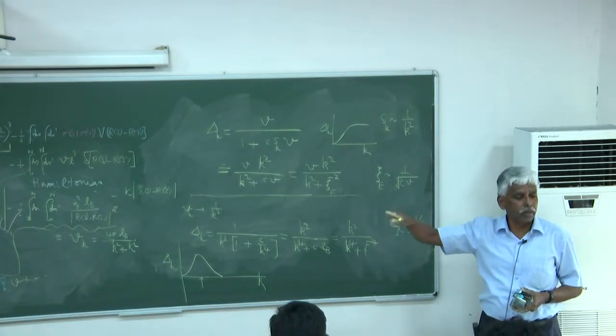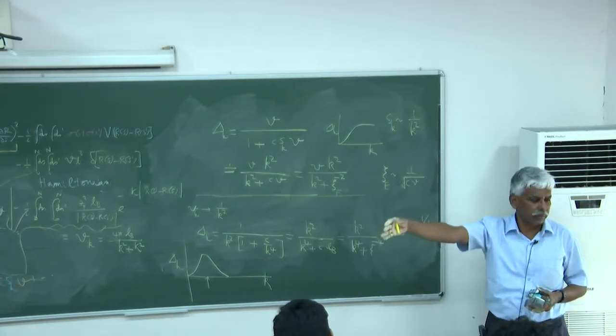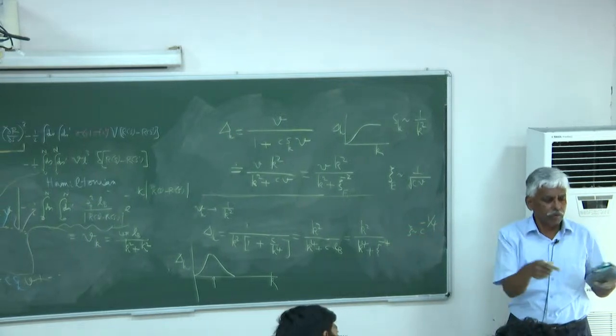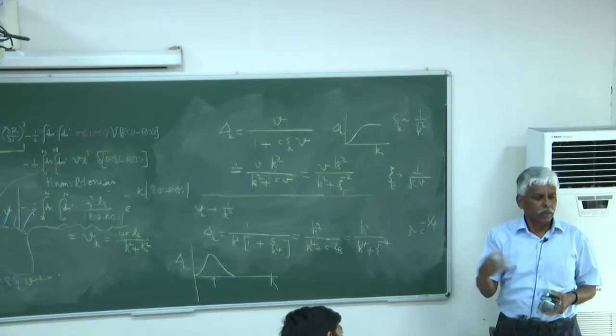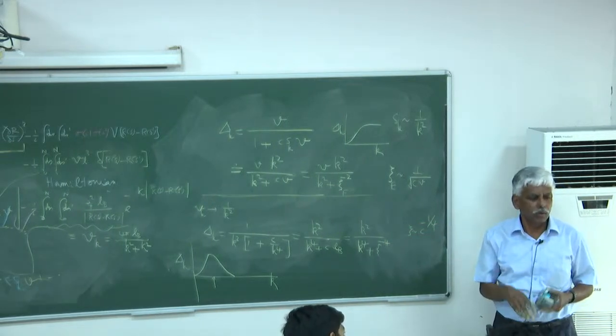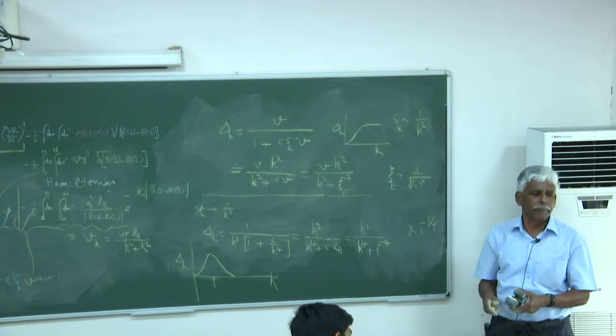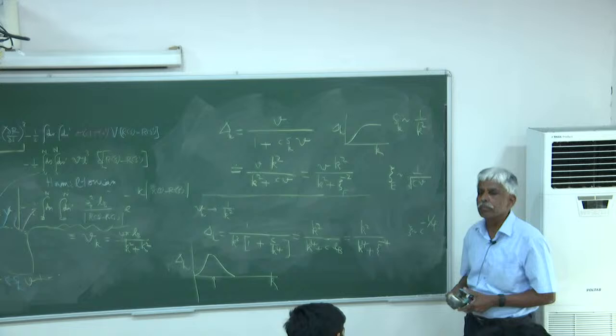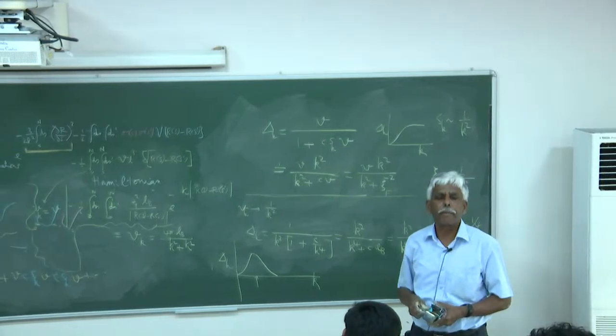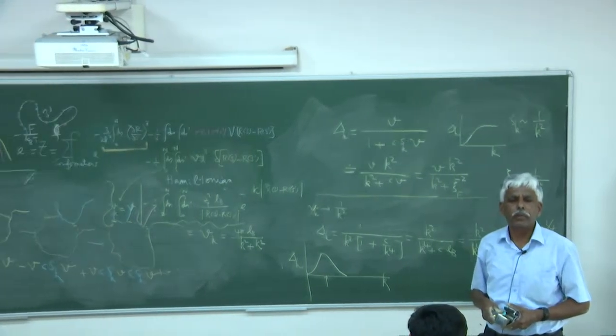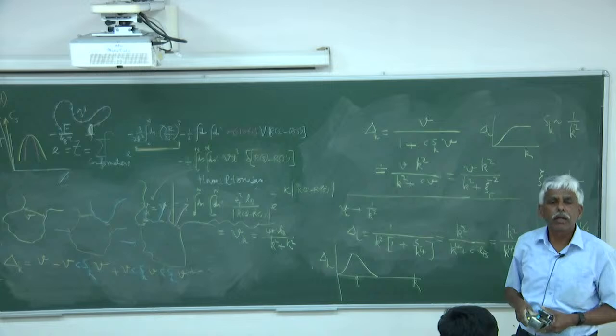That means the reciprocal of k is some length. There is some non-zero finite length which is preferred for them to organize. And what is physically happening in the solution there? That's right, that length you minimize this.